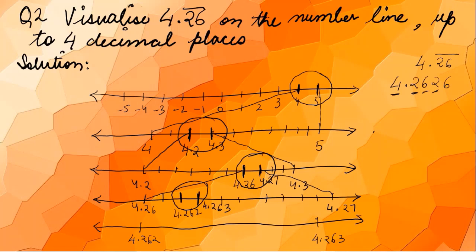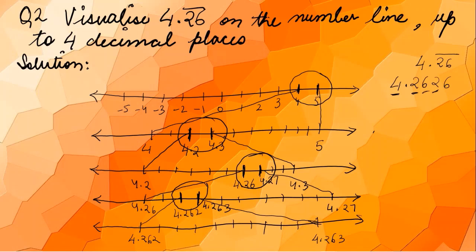We have taken this from here. Now 10 divisions will be there. 1, 2, 3, 4, 5, 6, 7.